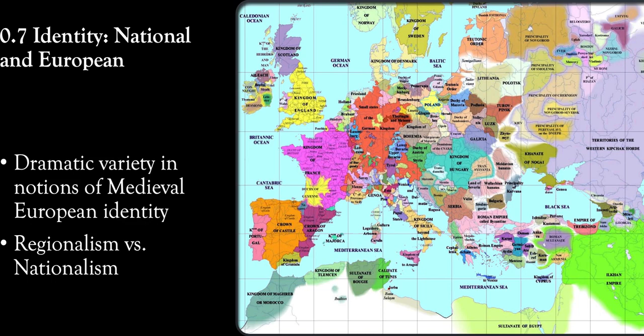So in the Middle Ages, there was a dramatic variety in the notions of a medieval European identity. And really, we have to ask ourselves, what does it mean to be European in the Middle Ages?